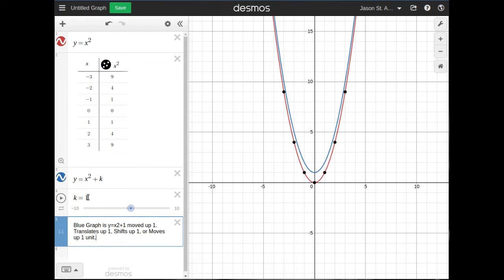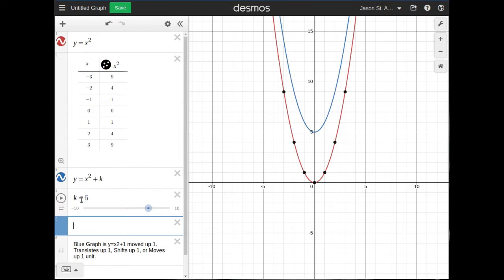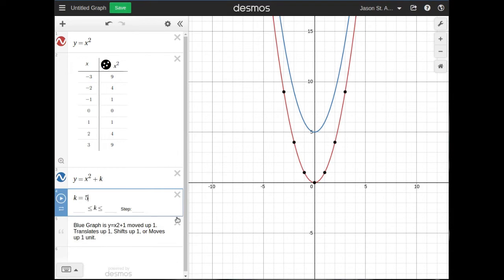Now, let's test our hypothesis. So imagine that we let k be, instead of 1, 5, right? If k is 5, you'll notice that the graph's vertex, compared to the original graph, is at 0, 5.